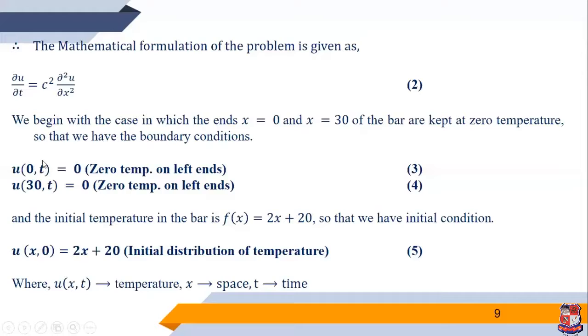So the boundary conditions: u(0,t) is equal to 0, u(30,t) is equal to 0, and the initial temperature in the bar we consider f(x) is equal to 2x plus 20, so that we have the initial condition u(x,0) is equal to 2x plus 20, where u(x,t) is the temperature, x is space, and t is time.